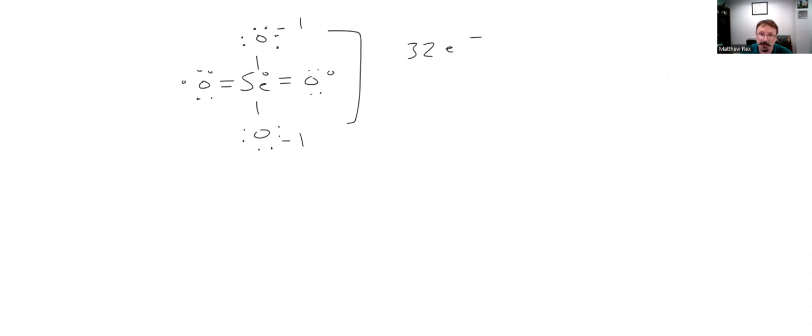So 0 plus 0 plus 0 plus the -1 and the -1 gives us our -2 that we're looking for. So that should be our structure. Technically that would resonate between having the double bonds to the left and the right and top and bottom. But out of all the choices, this is the correct one. This is the only one. That was choice C.